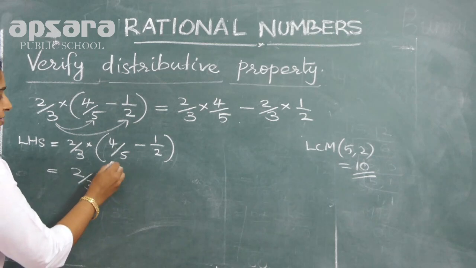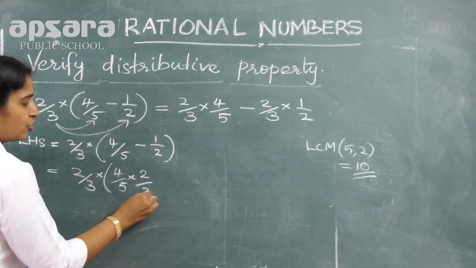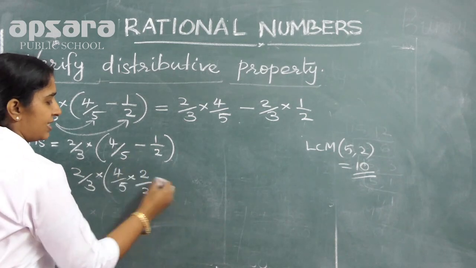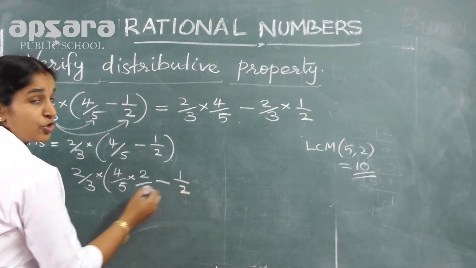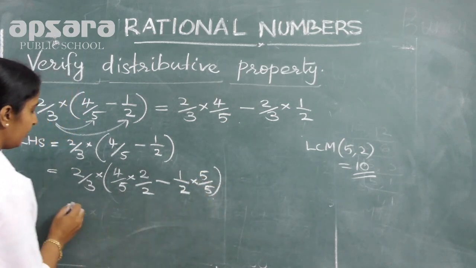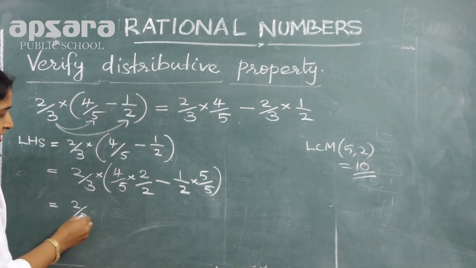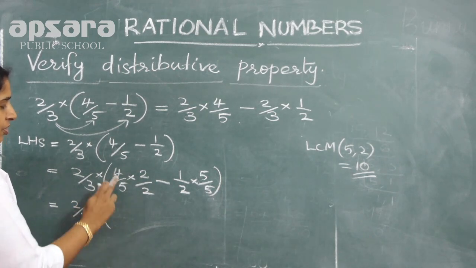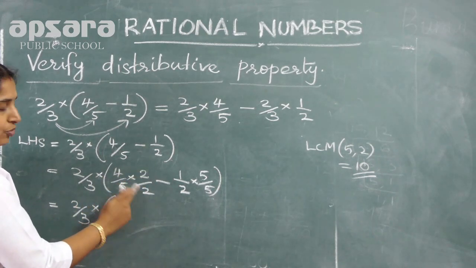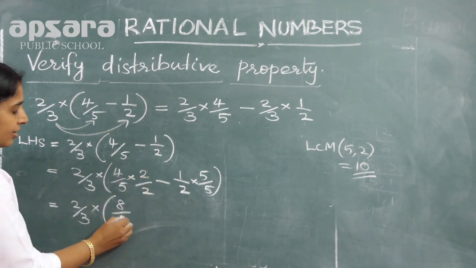So 4 by 5 should be multiplied by 2 by 2, minus 1 by 2 should be multiplied by 5 by 5, equal to 2 by 3 into 4 by 5 into 2 by 2. 4 into 2 is 8. 5 into 2, 5 2s are 10.